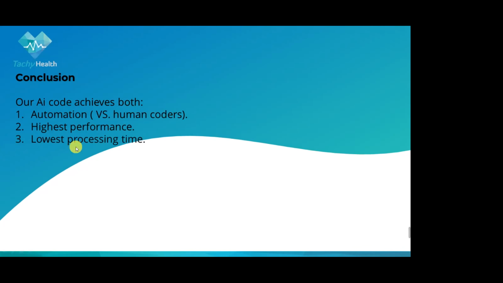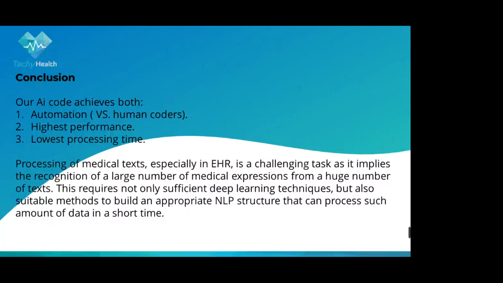We also achieve the lowest processing time, because each medical record is processed or digitized in a fraction of a second, so it takes no time. It was a challenging task to process fairly huge medical records which contain a variety of information like billing information, personal information, age, mail, and other stuff.